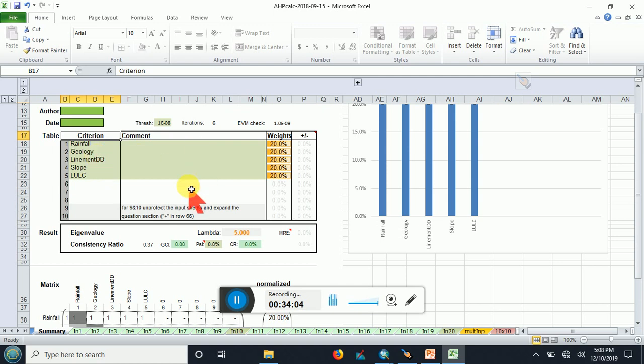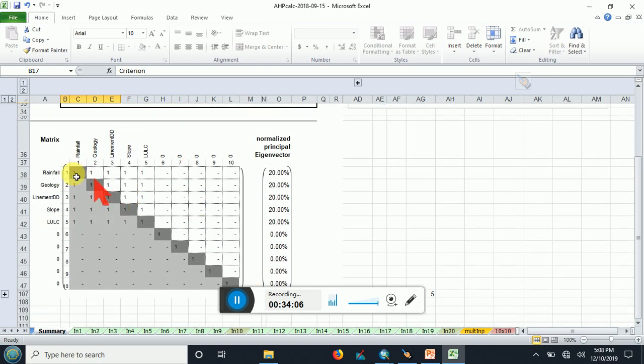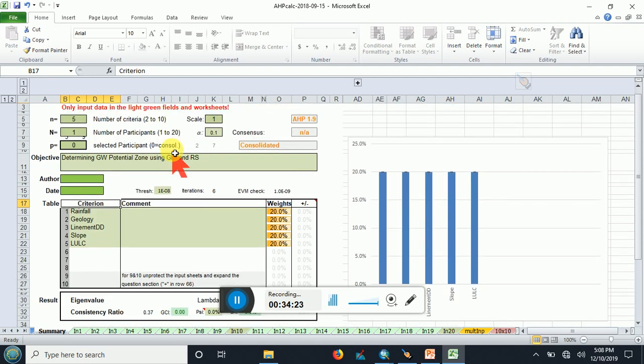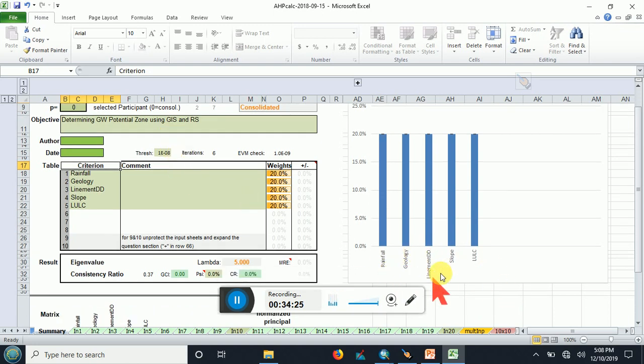So when you do that, it will automatically show you the matrix. This is just the matrix. In this matrix you can see those thematic layers in the X direction and similarly those thematic layers in the Y direction. And you can see also in the bar chart rainfall, geology, up to land cover.